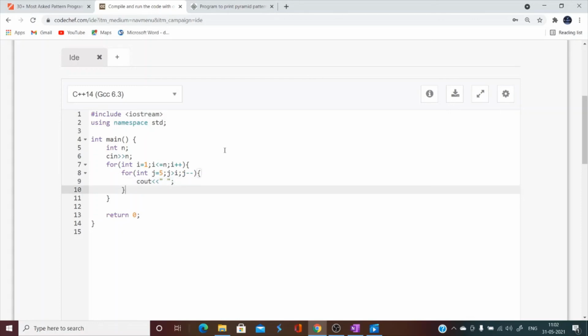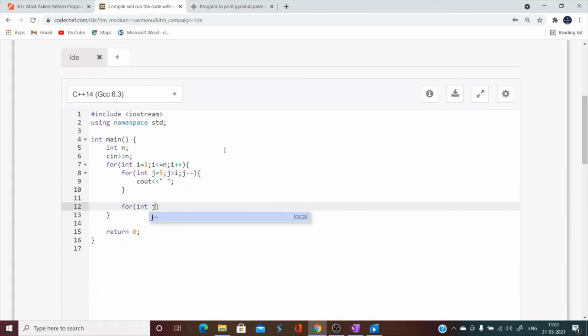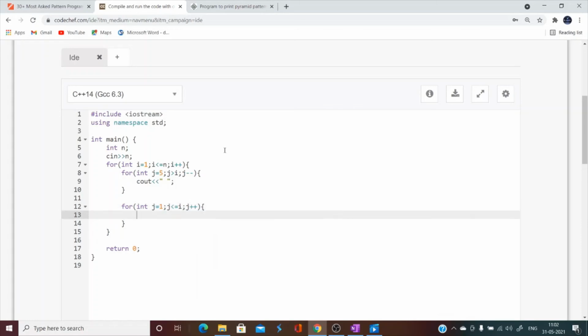Then next, for int j equal to 1, j less than or equal to I, j plus plus, cout star and then space. You can also write the space like this, over here.